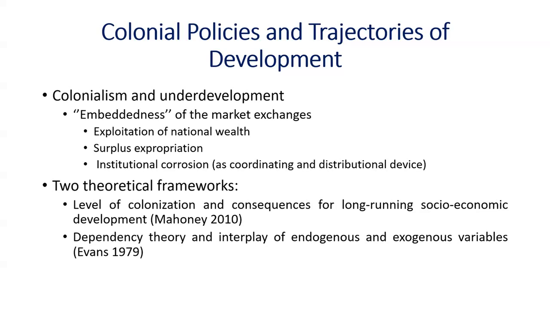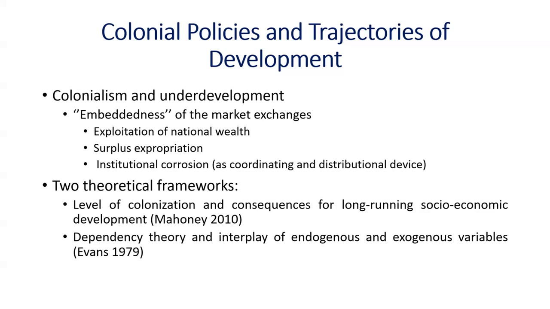So in order to understand to what extent these different forms of colonial relationships, economic, fiscal, commercial, or political, had an impact on development trajectories, we're going to discuss two main theoretical frameworks, in order to understand to what extent colonial economic policies, with the embeddedness of the market into ecological, social, and political aspects, affected the long-term trajectory of development in the region.